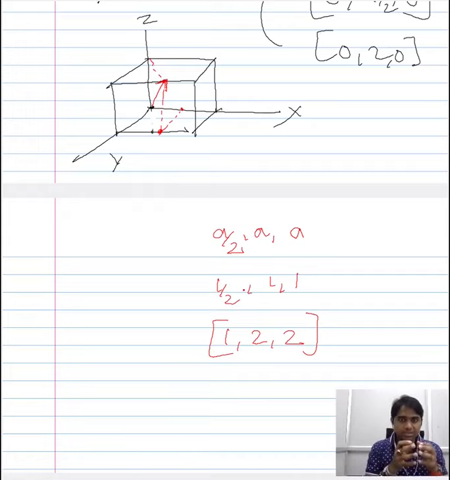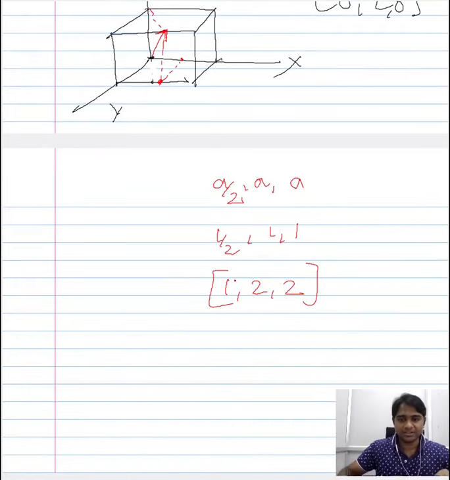Even when you allow the direction to touch the unit cell or move across it, you will be able to have fractions in the Miller indices. But ultimately, you get rid of that fraction by factorizing the whole term or multiplying it by 2. So this is the direction 1, 2, 2 that we have shown here, and we have represented it using the Miller indices.